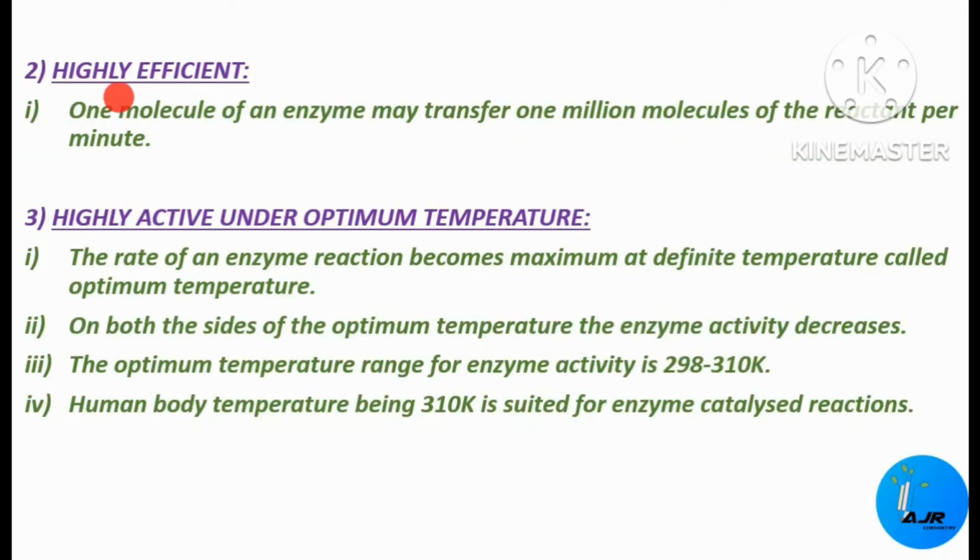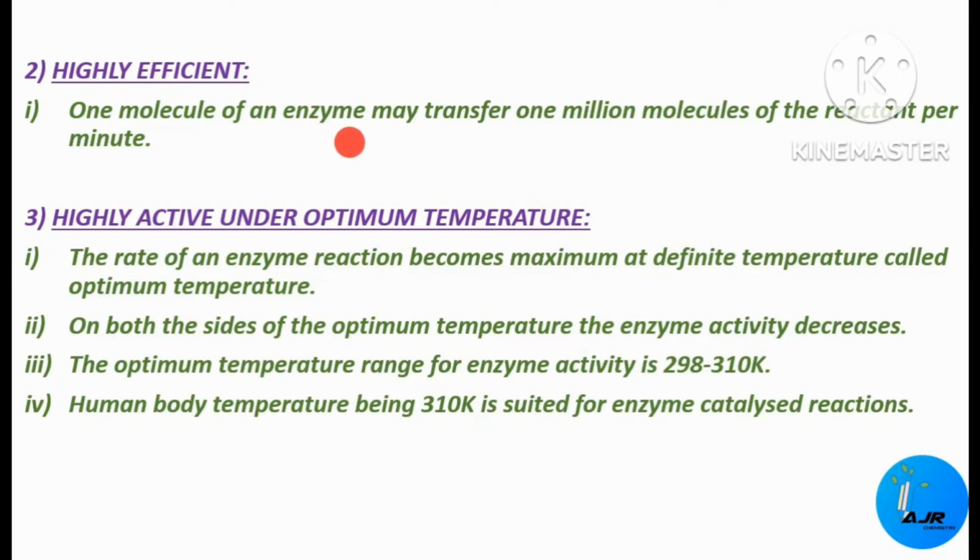The next important point is that they are highly efficient. One molecule of an enzyme may transform 1 million molecules of reactant to products per minute. That's why enzymes are said to be highly efficient.